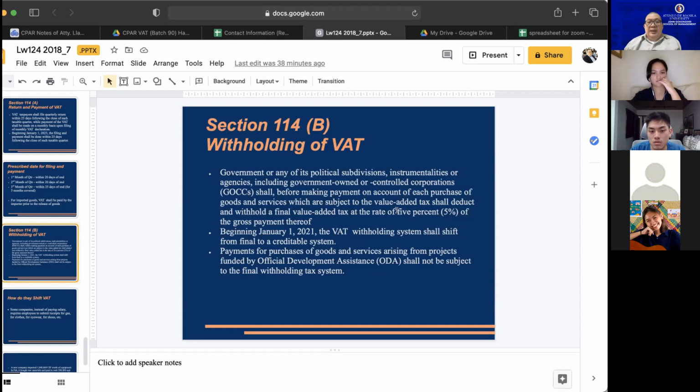Okay. So beginning this year, the VAT system has shifted from a final 5% tax to a 5% creditable tax. So that 5% they can claim as payment.